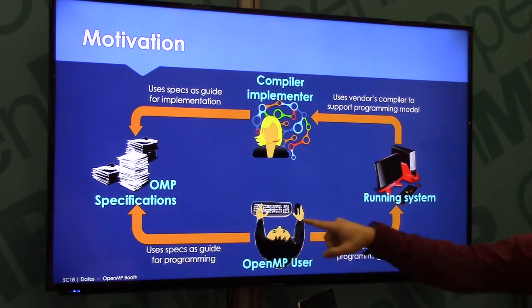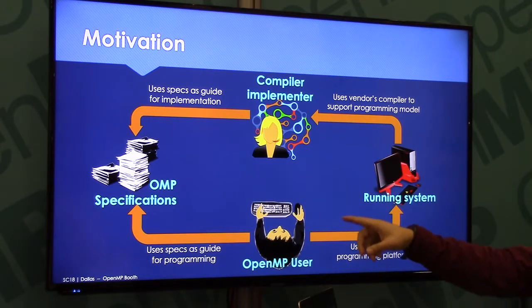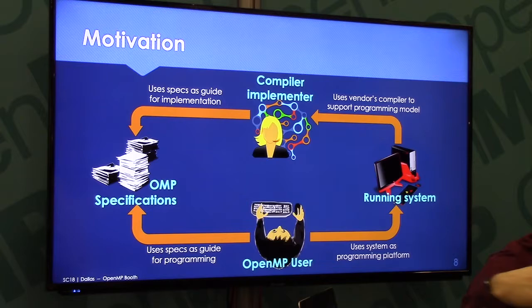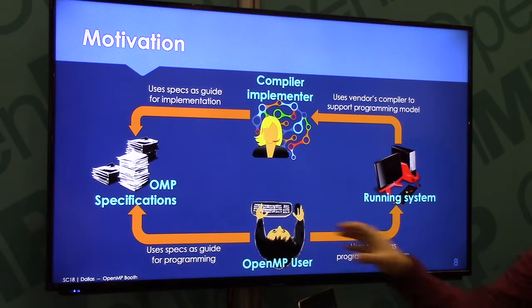But the user shouldn't have to learn how to use every single implementation. As long as the user knows the specification, that should be enough in terms of programming in OpenMP.